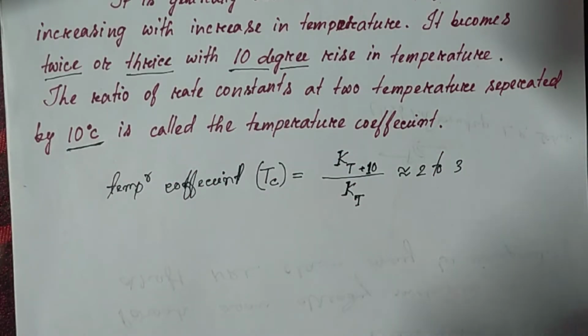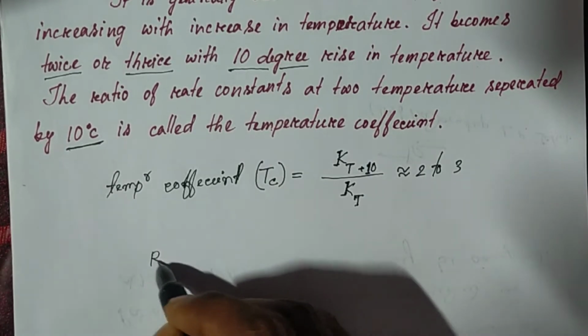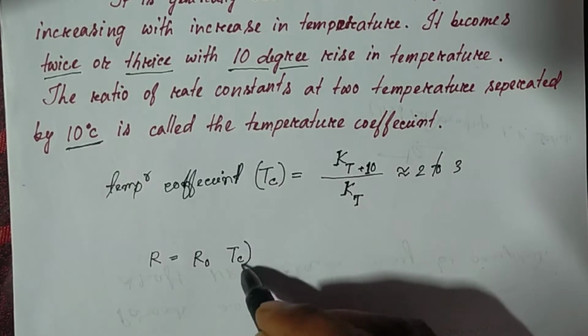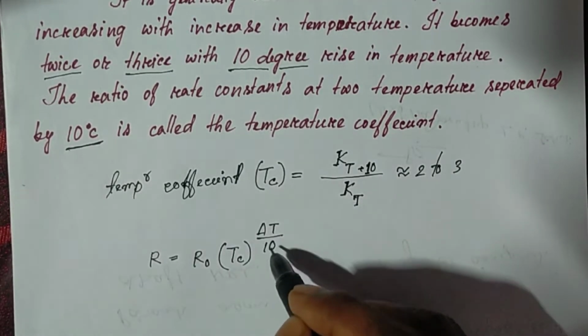Now I am going to write an expression which expresses the relation between initial rate and final rate with the temperature coefficient. That means with increase in temperature, how the initial rate and final rate are related to each other. And that is R is equal to R naught Tc whole to the power del T by 10.